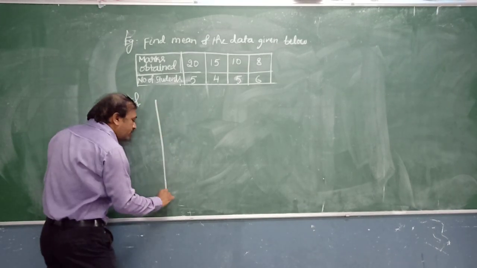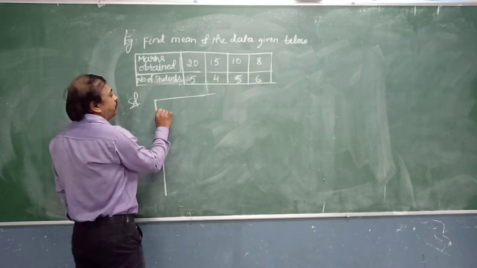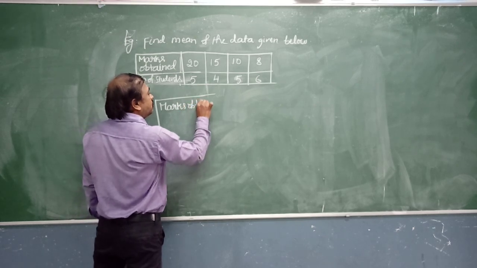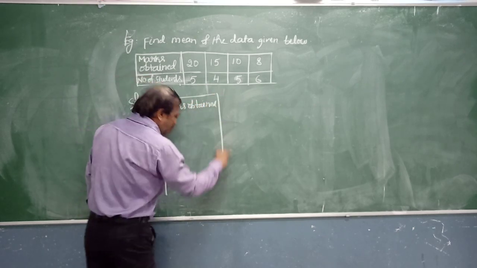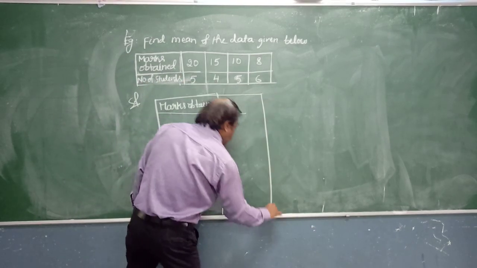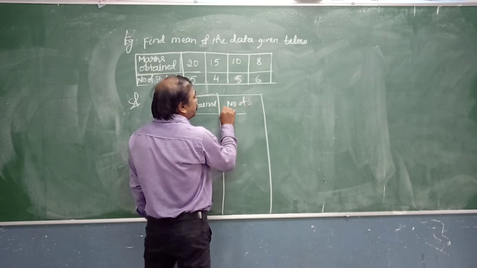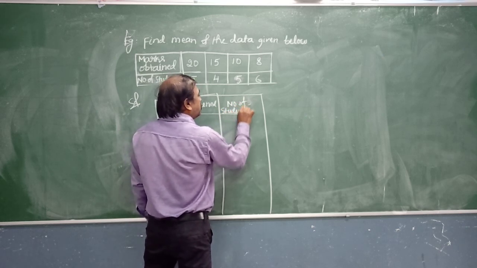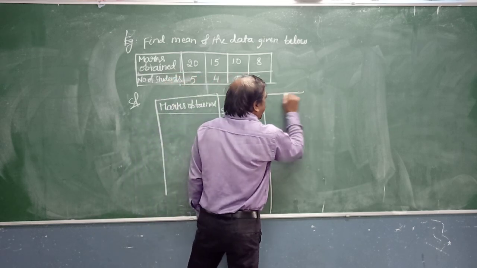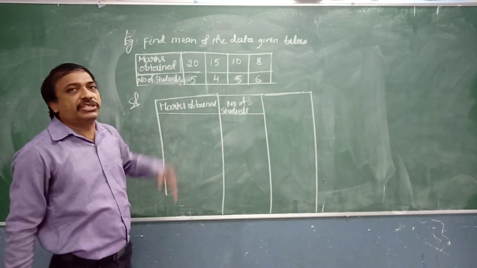Look at the board. Marks obtained, number of students. One more column we need to add here for our convenience, for the calculation purpose.